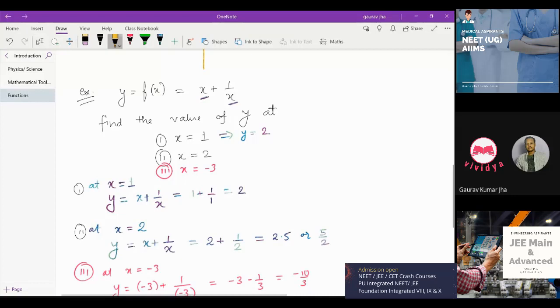Out of curiosity, can you tell me what will be the value of the function at x equal to r? Can you make sense of it?